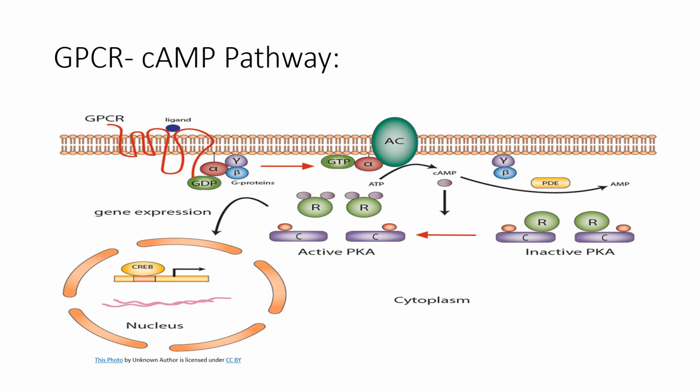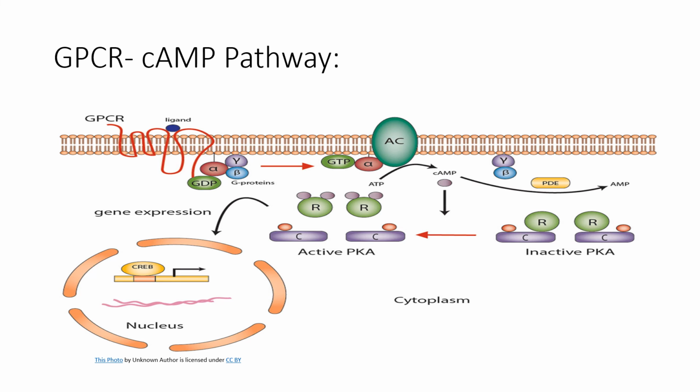Then this catalytic subunit activates the CREB, and this CREB becomes activated and stimulates the gene, and then it does transcription, and then translation and further cell responses happen. So this is the short summary of the cAMP, or cyclic AMP, pathway. This cAMP is also called the second messenger in this GPCR. We have to memorize this.